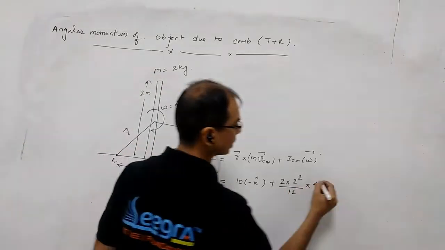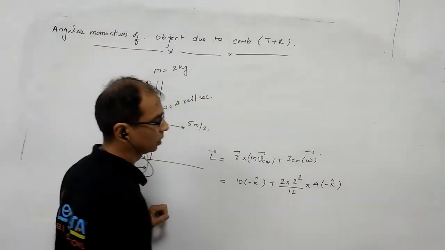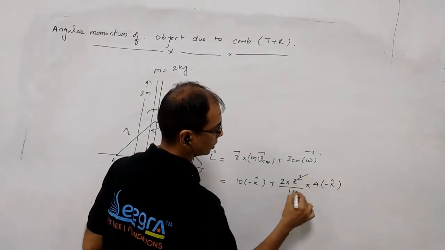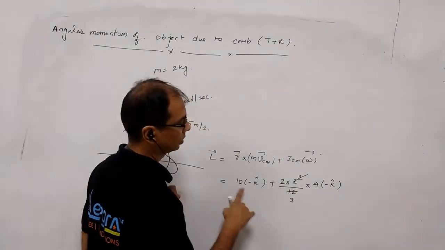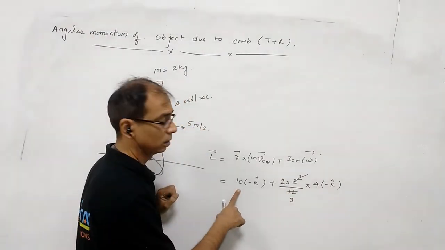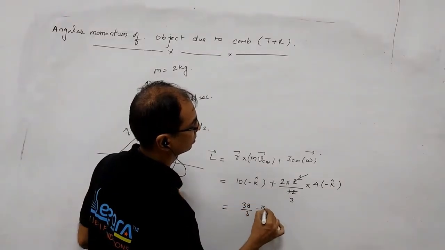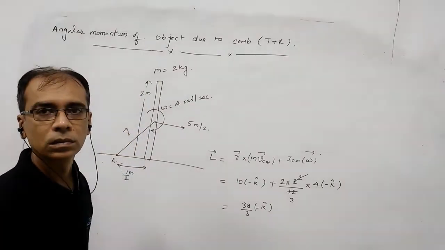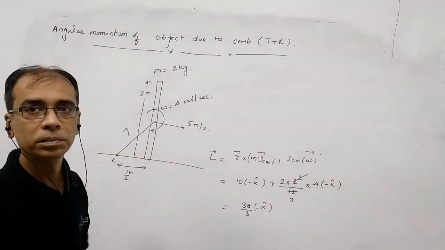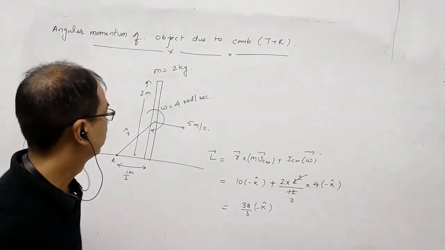So this is also minus K. So what are we getting here? This is 4, this is 3, so this is 8 by 3. 8 by 3 plus 10, I think 38 by 3, minus K. Okay, this will be the angular momentum. One more question we'll try.